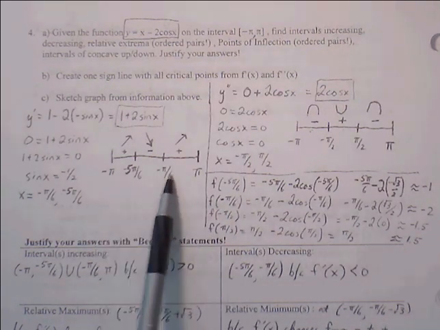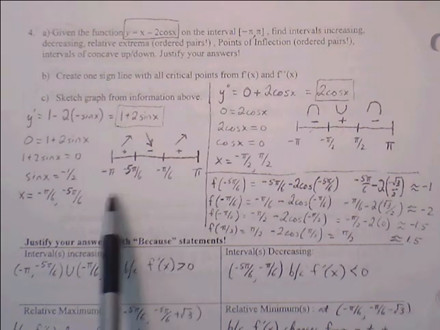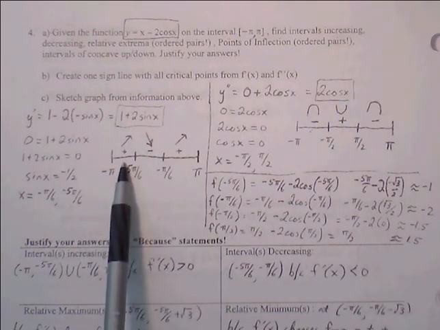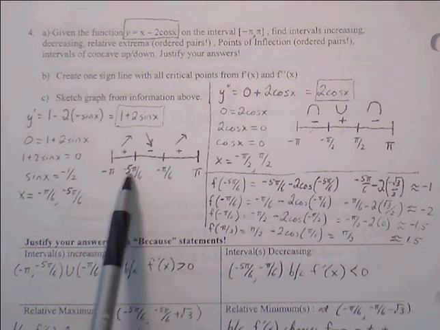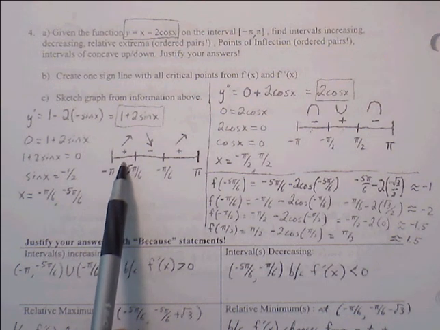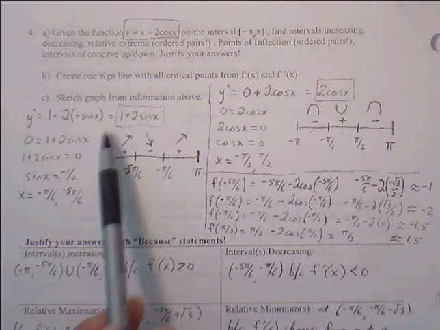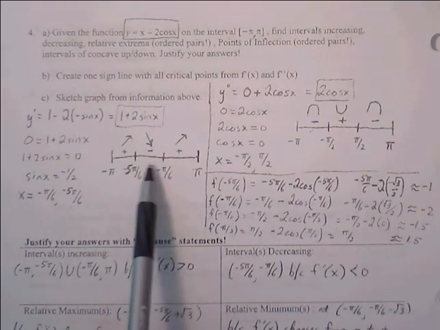So we put those critical points and the endpoints on the sign line, and then we test values on the interval. Between negative pi and negative 5 pi over 6, the slope is going to be positive.